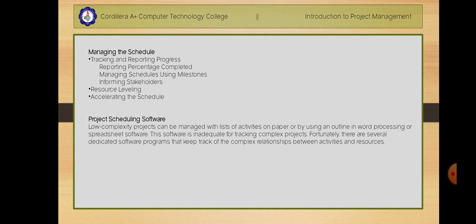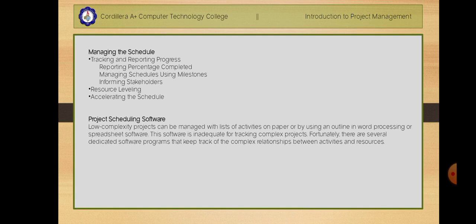So itong software na to is adequate for tracking yung complex project. So fortunately, karamihan there are several dedicated software programs that keep track of the complex relationship between yung activities tsaka yung mga resources. So we have here the appropriate to project complexity.